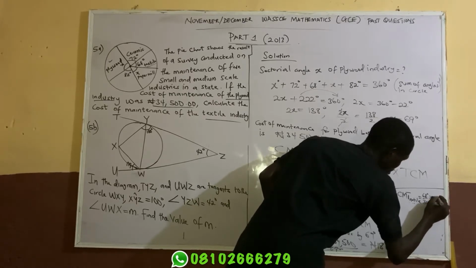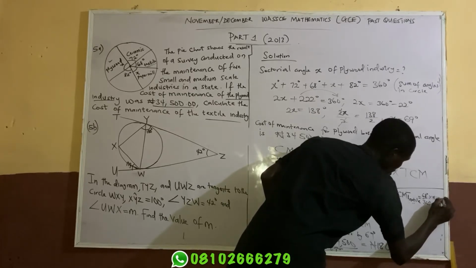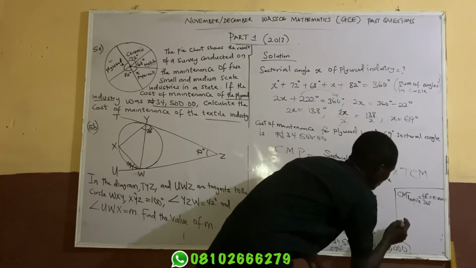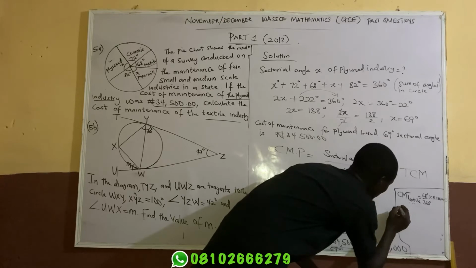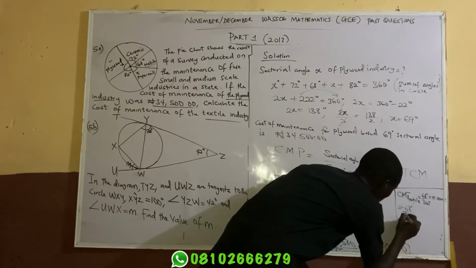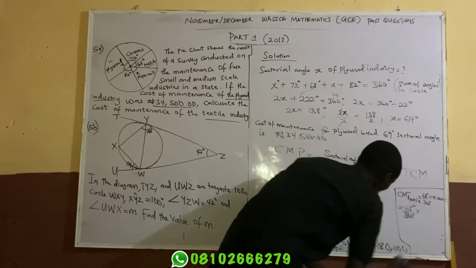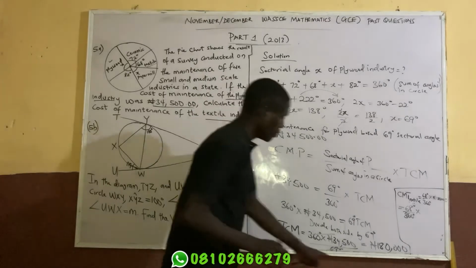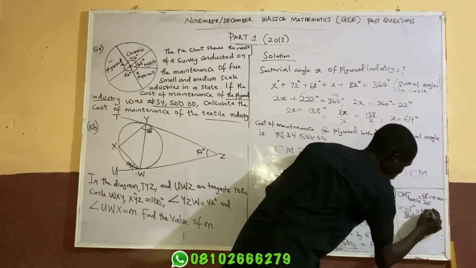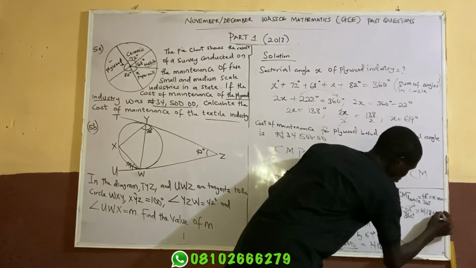The cost of maintenance is equal to 8 over 360 degrees, times the total cost of maintenance, which is 180,000.